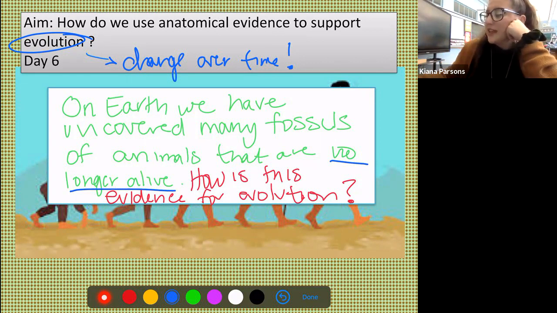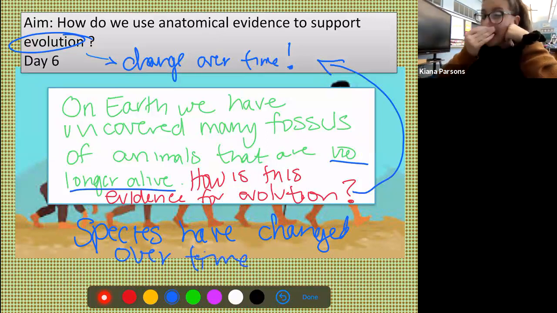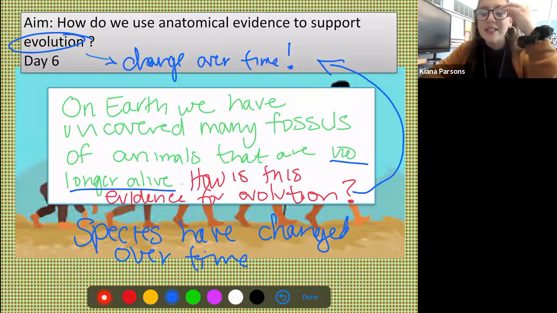Hopefully you paused the video and gave your rationale. This is evidence for evolution because it demonstrates species have changed over time. We can examine these species from the past by looking at their fossils, and we can see evidence that they are related to the species alive on Earth today, but they have changed.